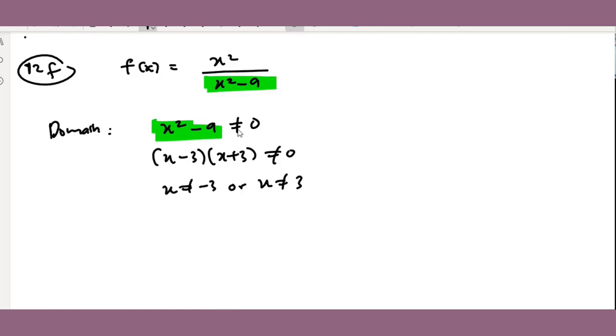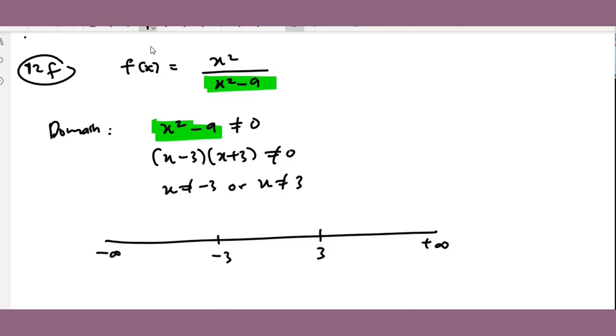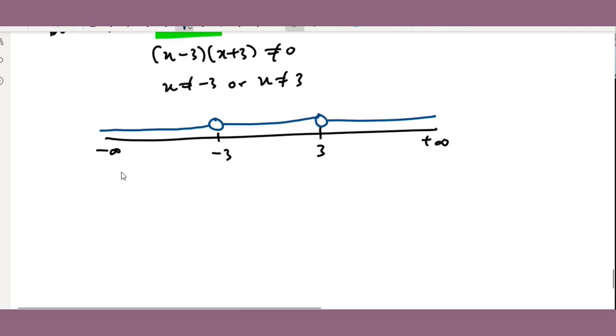Change to a number line and check. So the domain is from negative infinity to negative 3, negative 3 to 3, then 3 to infinity.